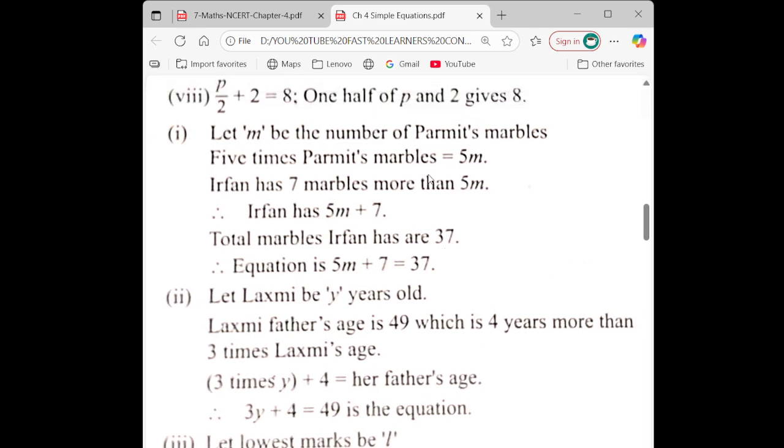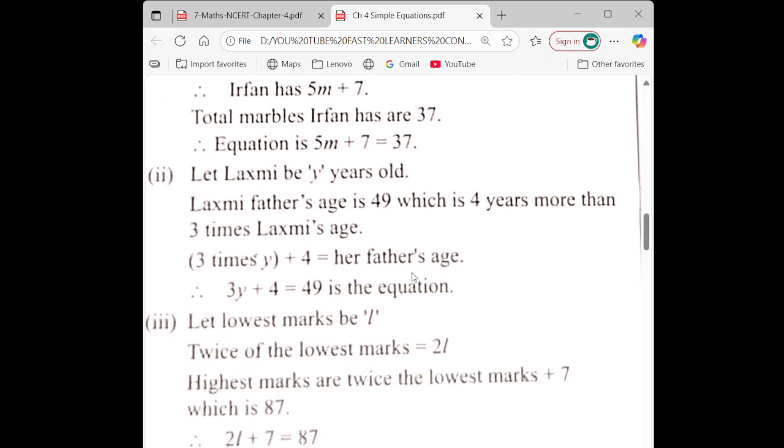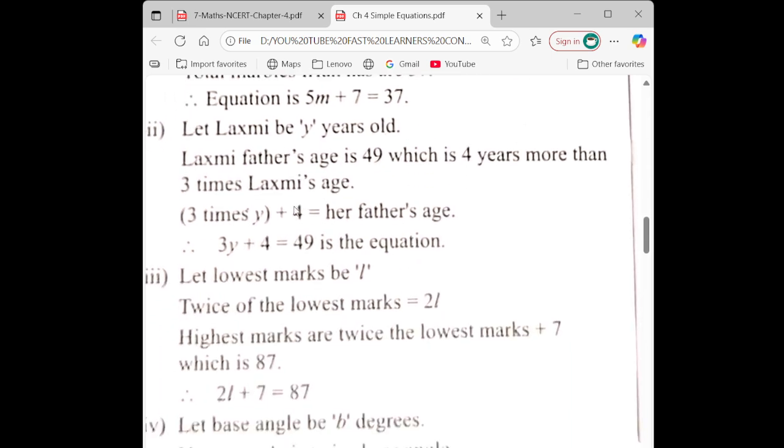So keep that in mind, and let m be the number of Parmit's marbles. So 5 times Parmit's marbles, and Irfan has 7 more than that, so 5m plus 7. So 5m plus 7 equal to 37. This is how you form the equation. You just have to form the equations here, nothing else.